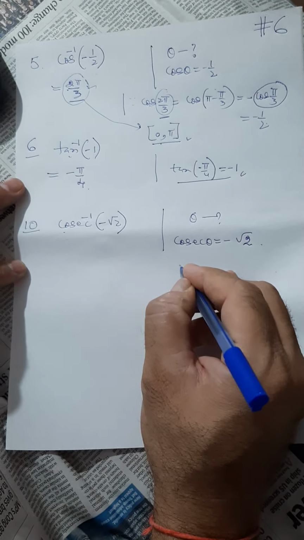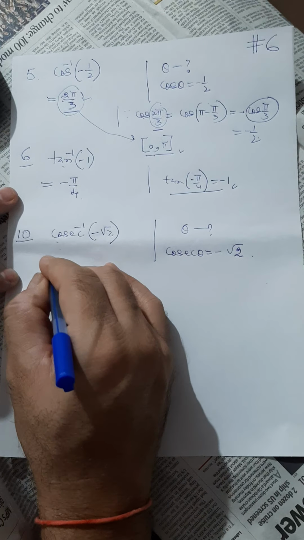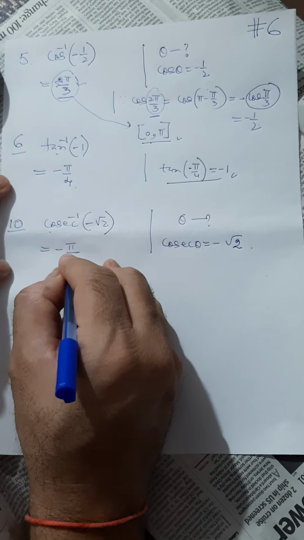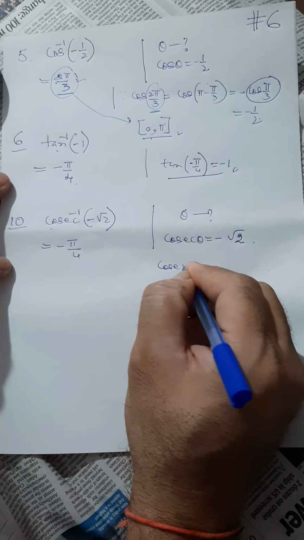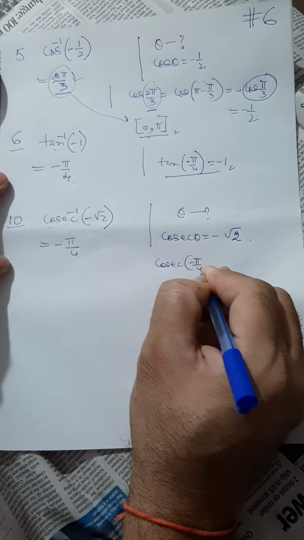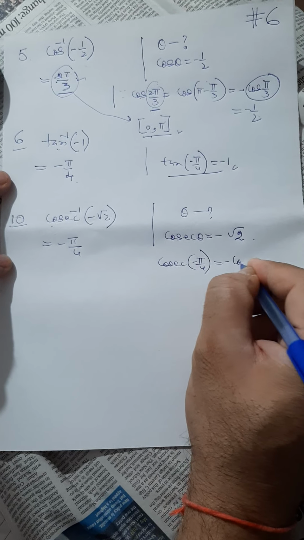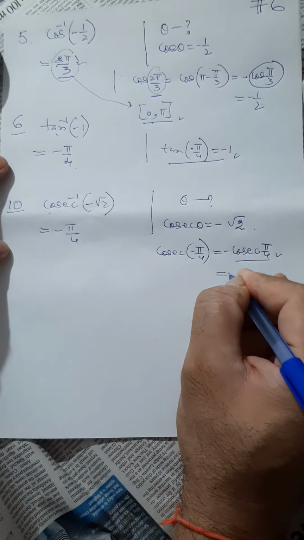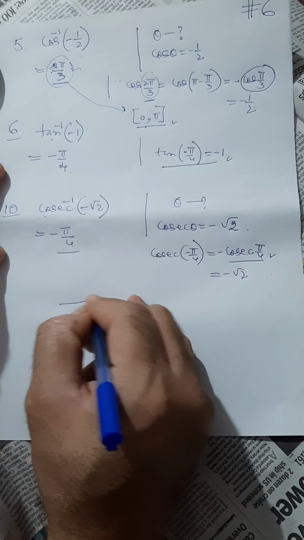So here it would be obviously minus pi by 4, because you know cosec of minus pi by 4 is minus cosec pi by 4, because it's an odd function. So this is minus root 2. Okay, so this is just the beginning.